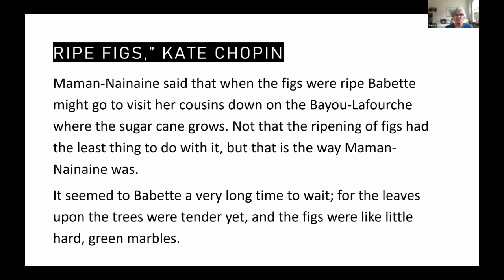Maman Nanane said that when the figs were ripe, Babette might go visit her cousins down on the Bayou La Fourche, where the sugarcane grows. Not that the ripening of figs had the least to do with it, but that is the way Maman Nanane was. It seemed to Babette a very long time to wait, for the leaves upon the trees were tender yet, and the figs were like little hard green marbles.